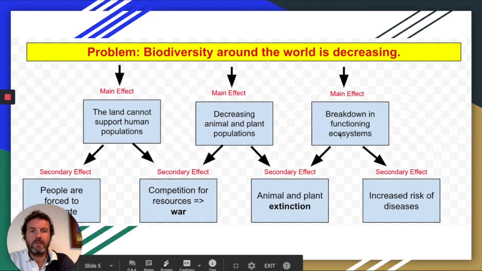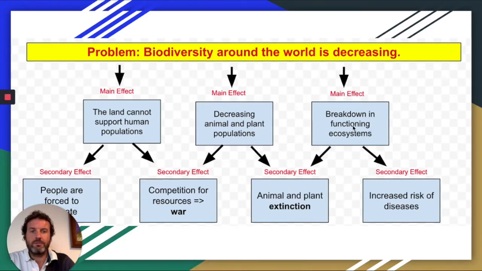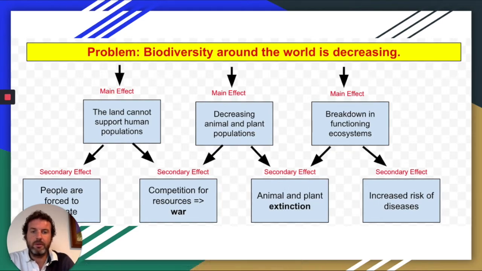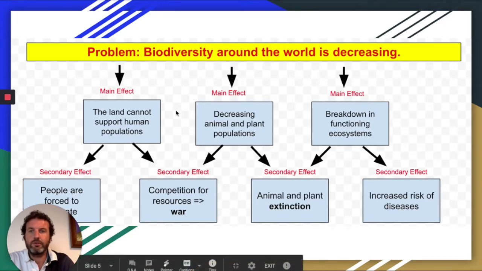And again, over here, if there's a breakdown in functioning ecosystems, then a result of that is an increased risk of diseases. Interestingly, the COVID pandemic at the moment, many people think, is linked to the fact that biodiversity is decreasing in many places.